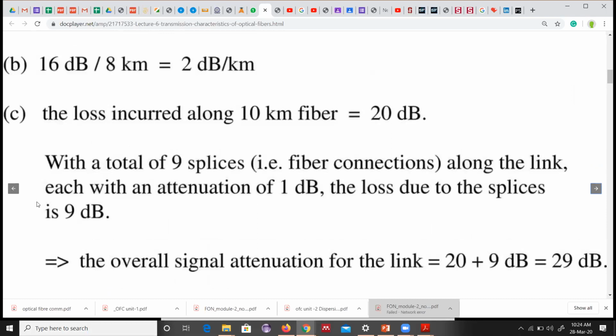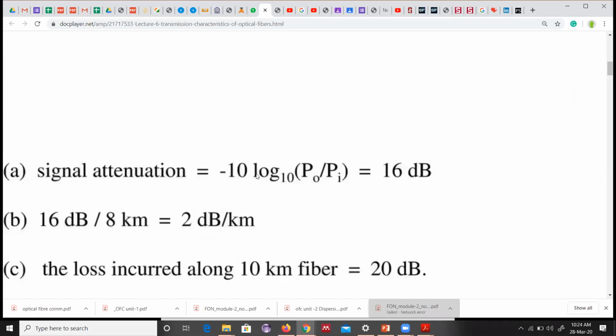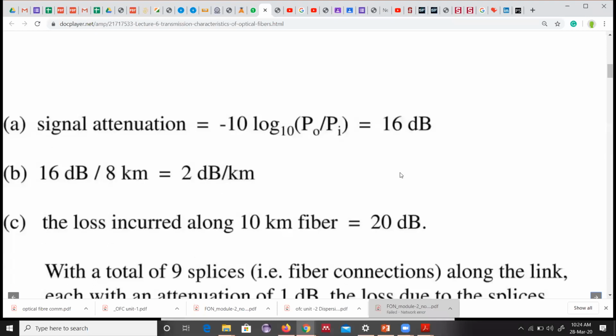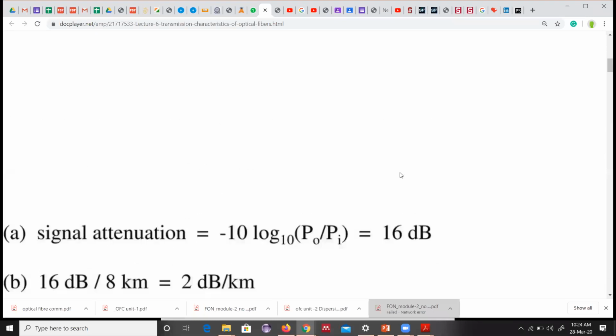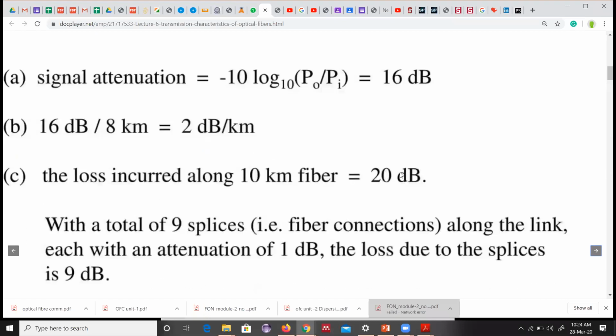So the signal attenuation is the first thing asked. The expression is 10 log10 of P naught by Pi, or minus 10 log10 of P naught by Pi, or 10 log10 of Pi by P naught, which will give us 16 dB. You use the value of the previous problem, apply P naught and Pi, and you will get the signal attenuation.